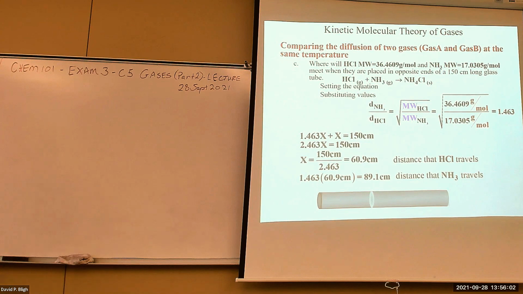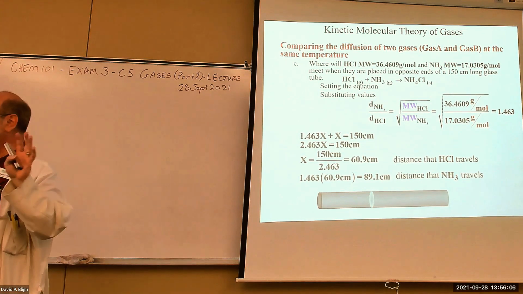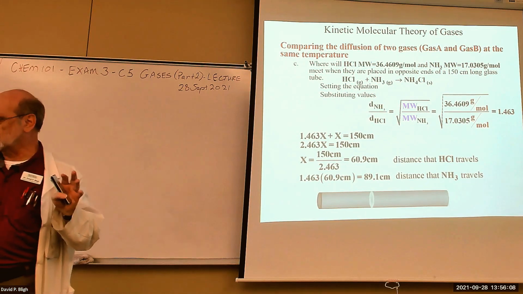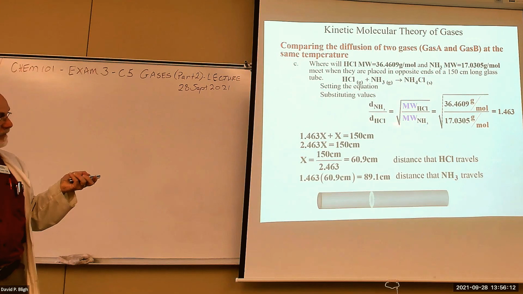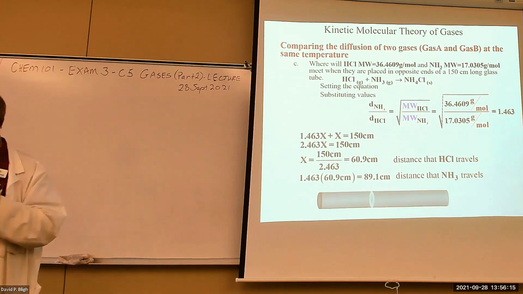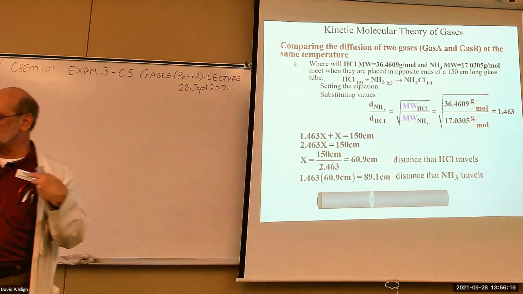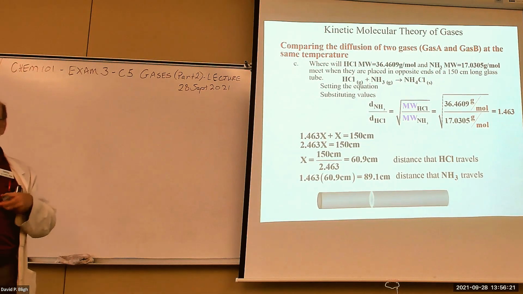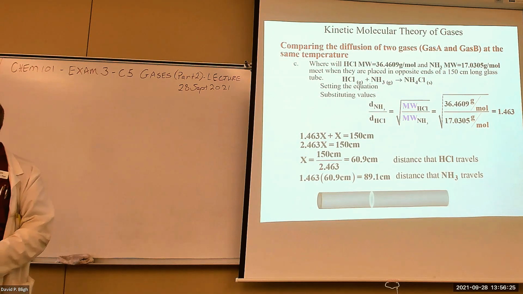Okay, you can use that relationship for an unknown compound. If you make it the unknown, you can determine its molar mass using this method. You just have to be sure that you have a way of measuring those different distances.